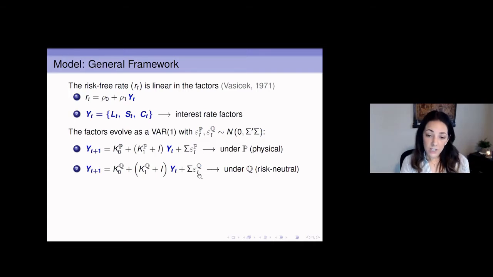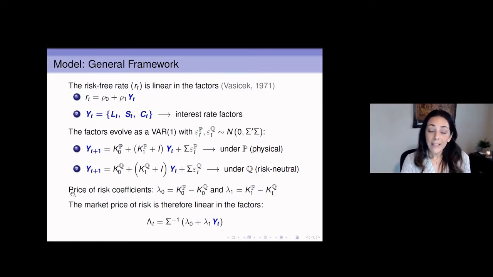Whereas under risk neutrality, these parameters are also estimated, but they will have restrictions to account for risk. So we are looking at how the factors move in a risk-averse world and also in a risk-neutral world where investors have already taken into account the risk of movements in these factors because we don't really know what is going to happen to the yield curve. There is always some uncertainty that is going to be priced in.